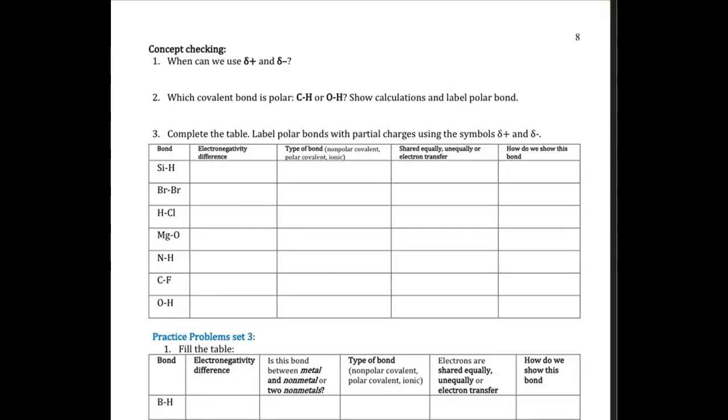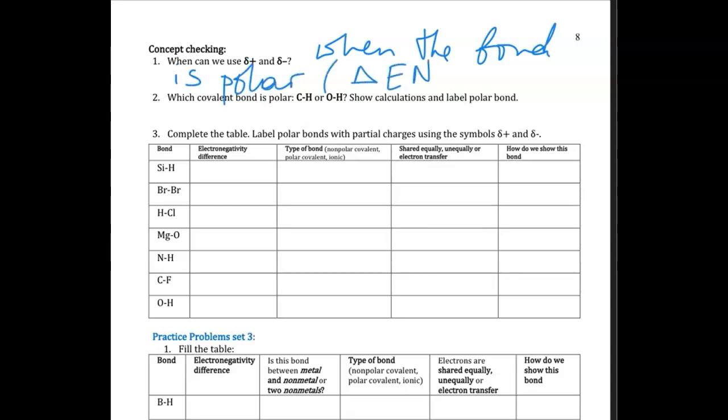Now let's do concept checking. When can we use delta positive and delta negative? When the bond is covalent polar, not ionic and not covalent non-polar, when the difference of electronegativity is from 0.4 to 1.9.